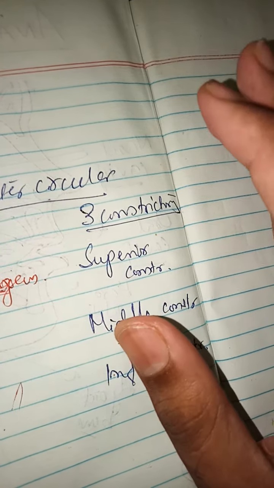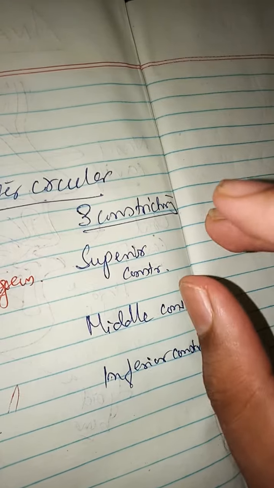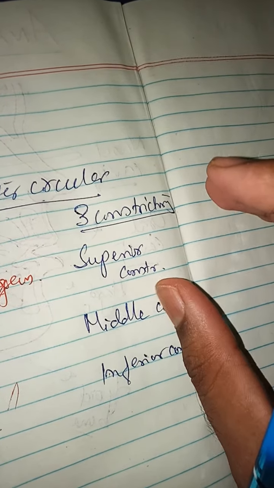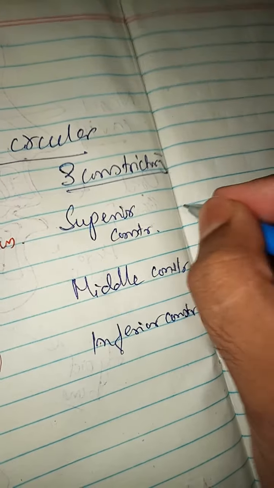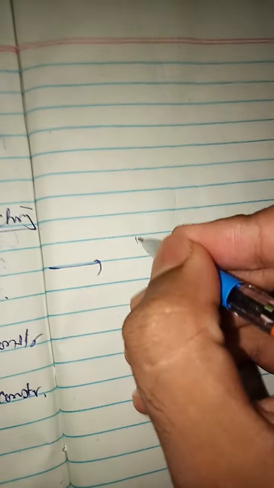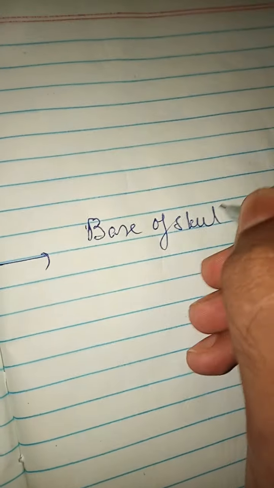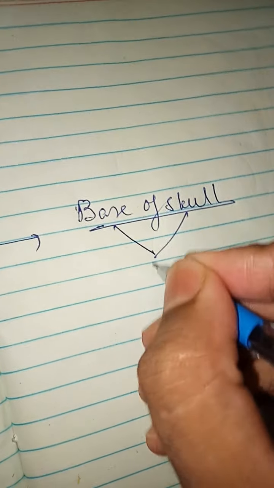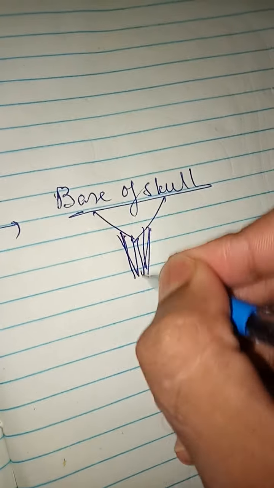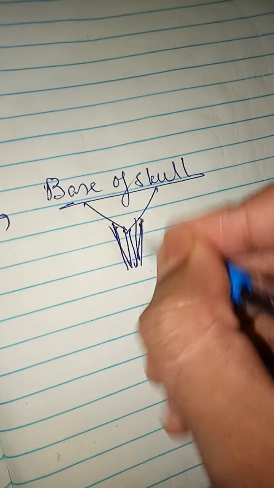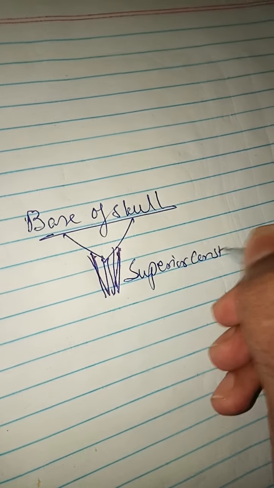Between the base of the skull and the upper border of the superior constrictor there is a gap. This gap is known as the sinus of Morgagni.